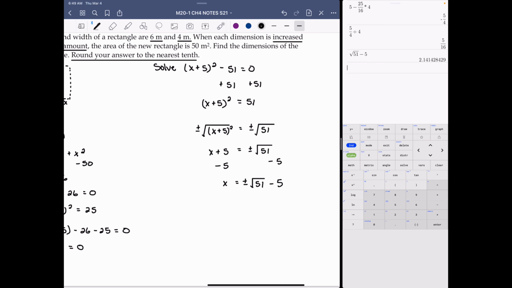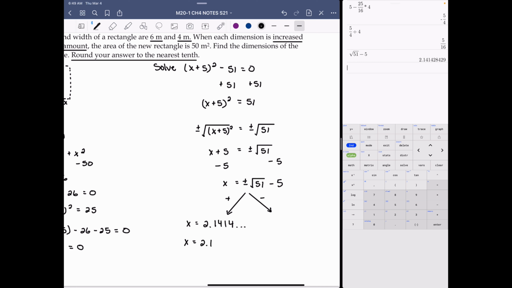Enter, and that gives us 2.1414... Rounded to the tenth would be x equals 2.1.